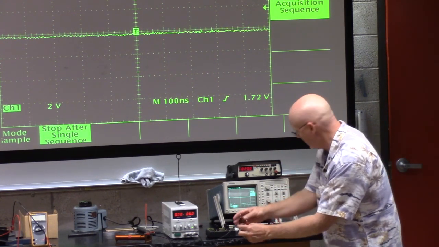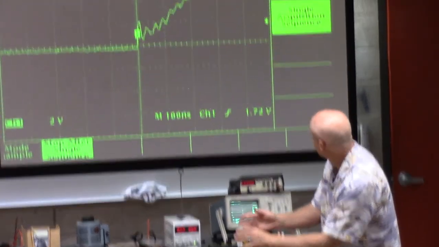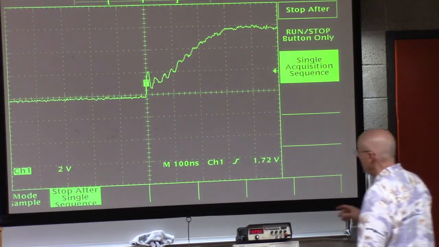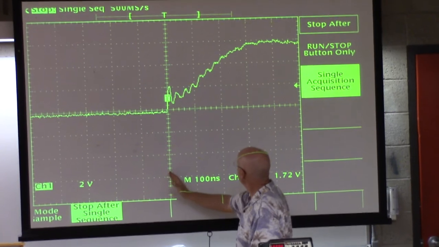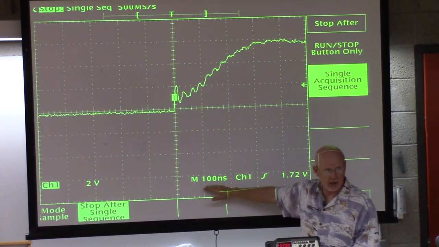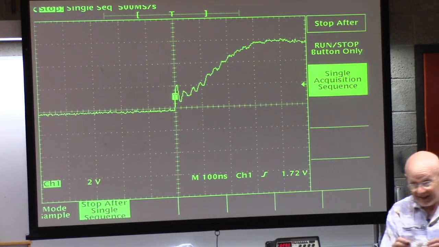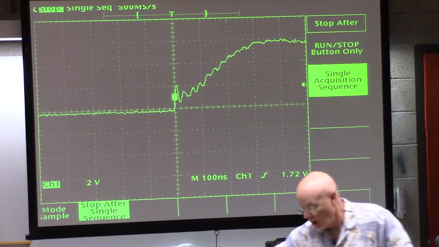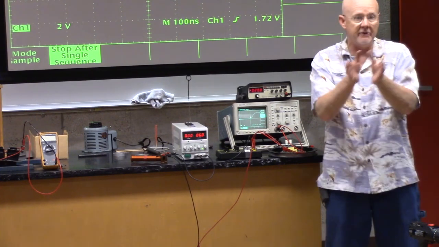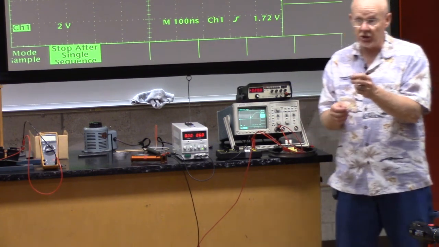Let me reset everything and say, all right, what if I connect them together? I will see that I connected them right here. 1, 2, 3, 4, so about 400 nanoseconds. The current was increasing in such a way that it made its own EMF for at least during that time while the flux was changing. So you only get this while things are changing.